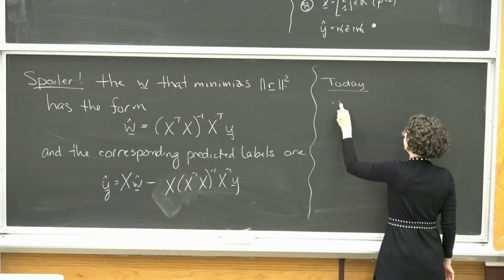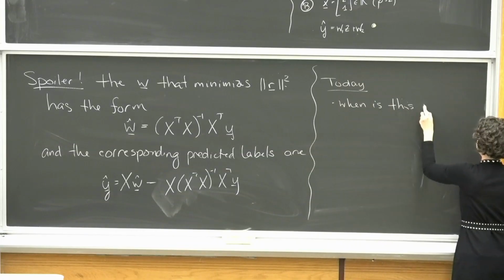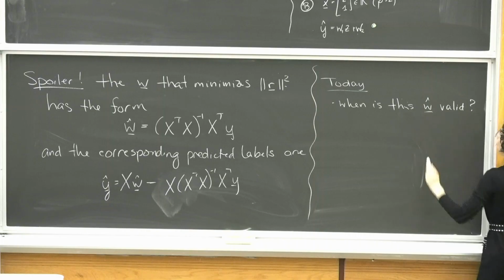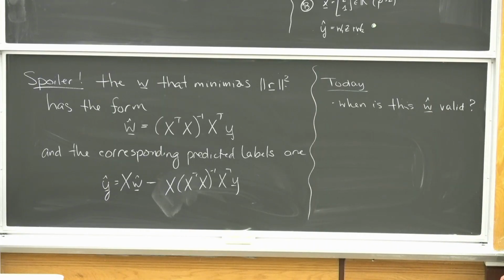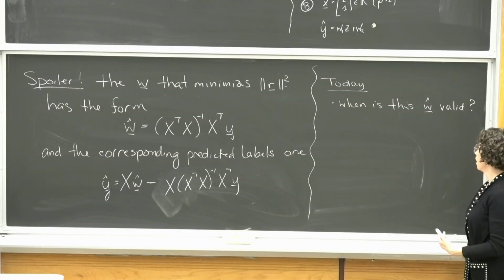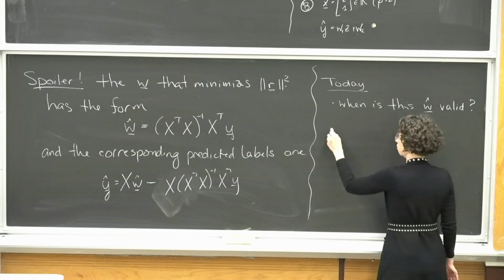Now, what we're going to talk about today is when is this expression valid? I already mentioned some assumptions that we're making on X, and those are really critical to ensuring that this least squares predictor is a valid predictor. We're going to talk about why that is and what happens when it's not true.